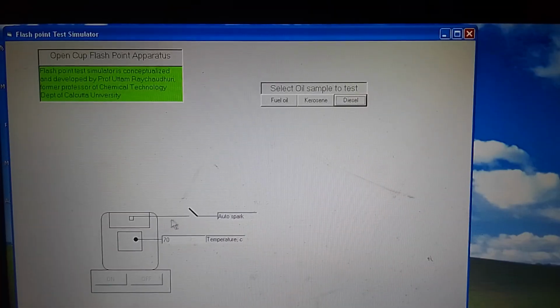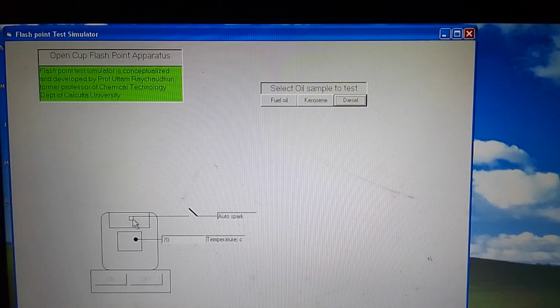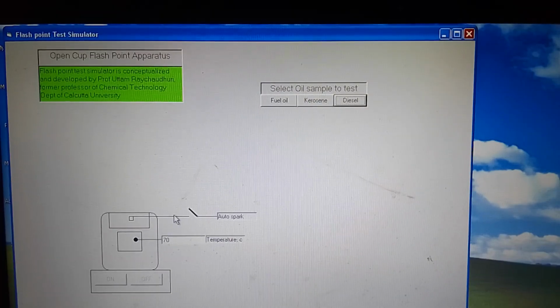product. And there is a continuous sparking device that, as soon as you have started and the sample is filled, will spark continuously. Almost every 30 seconds, sparking is done, and as the vapor of the petroleum oil reaches here, at a certain temperature it will start flashing.